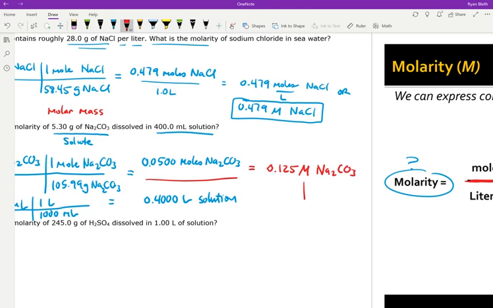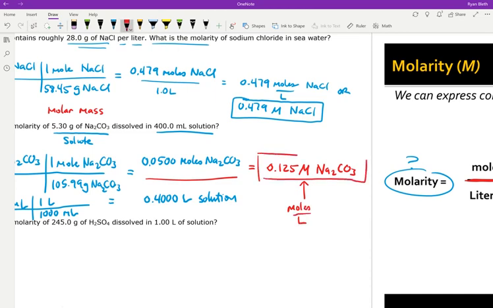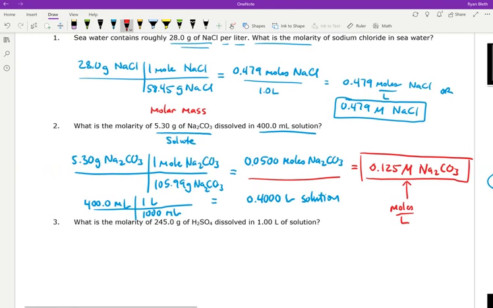Remember, whenever you see that capital italicized M, it means moles per liter, moles over liters. So there's my answer, 0.125 moles per liter, or the molarity of the solution will be 0.125. What is the molarity? We've got a molarity there as our answer.